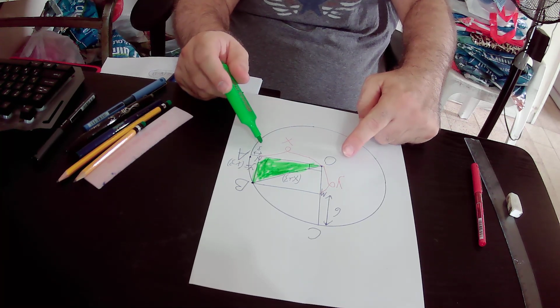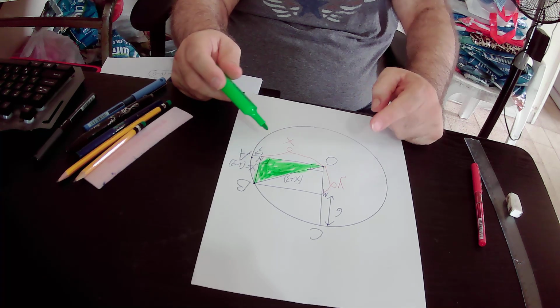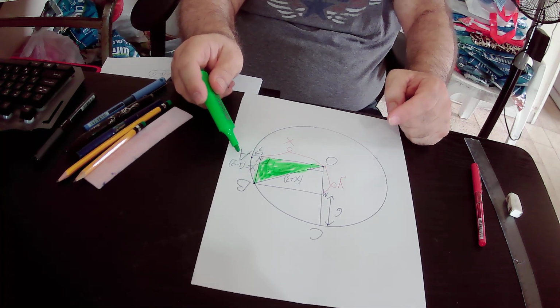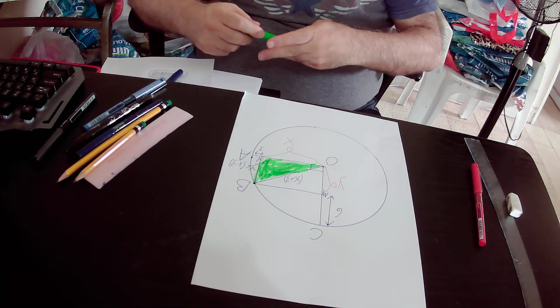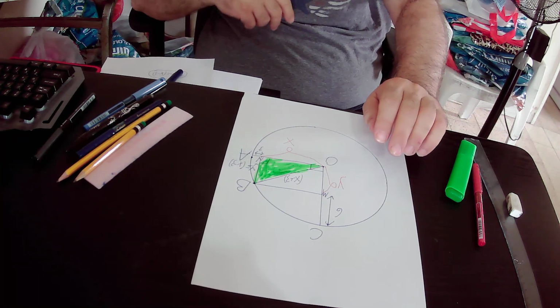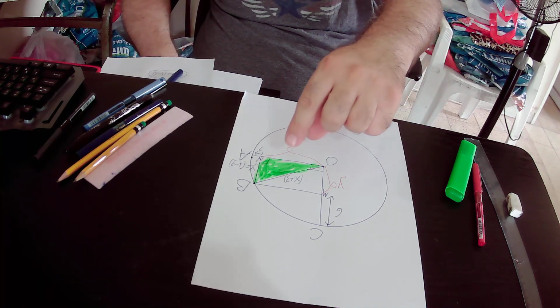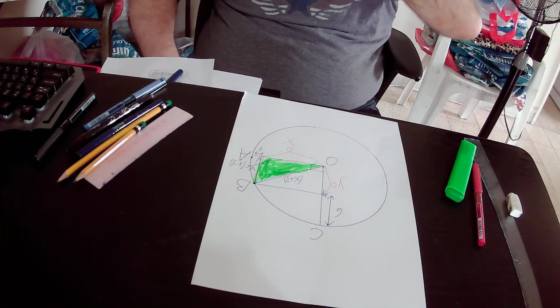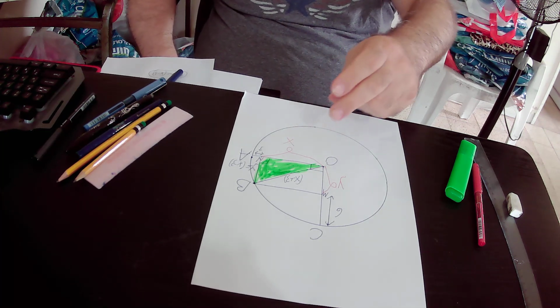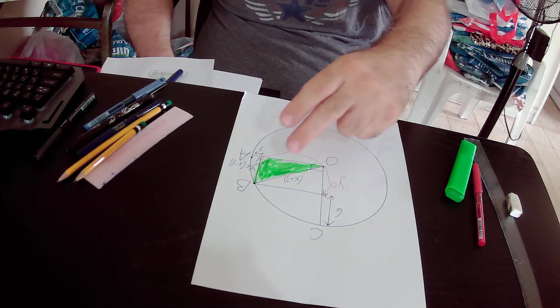Side ON equals x, and side BN, that is y, equals x minus 3. So the only variable missing in this right triangle is x, and we can use the Pythagorean theorem to find its value.